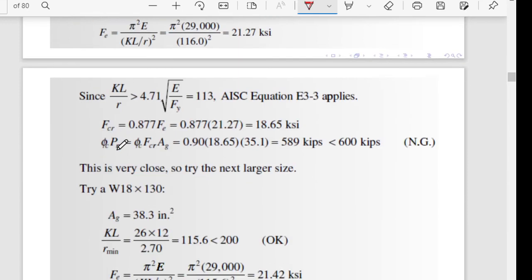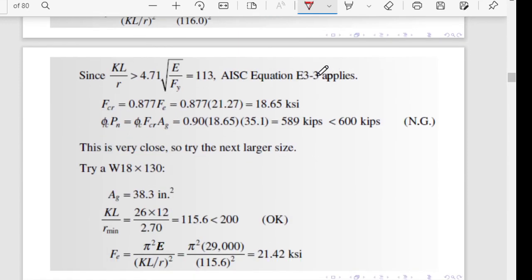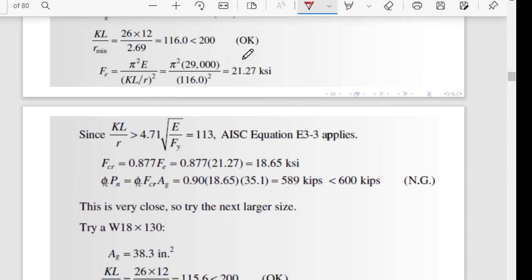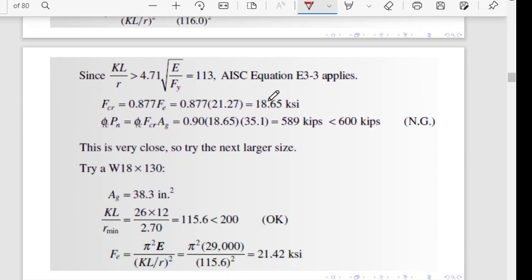So you still have to use equation E3-3, or ECP 205.3-3, where FCR is equal to 0.877 FE. Now FE is computed as 21.27 KSI, so FCR is 18.65 KSI.